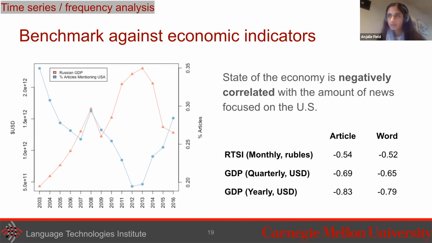This graph shows the Russian GDP compared with the percent of articles in this Izvestia corpus that mention the word US, United States. We see a really strong negative correlation: as the economy does worse, the news talks about the US more. As it does better, the news talks about the US less.